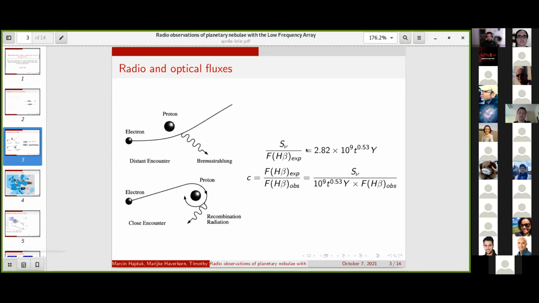So from the radio flux, we can derive the expected H beta flux for this emission. It's slightly dependent on the electron temperature and the chemical composition of the nebula. And if you have an expected H beta flux, you can compare it to the observed H beta flux and derive extinction.